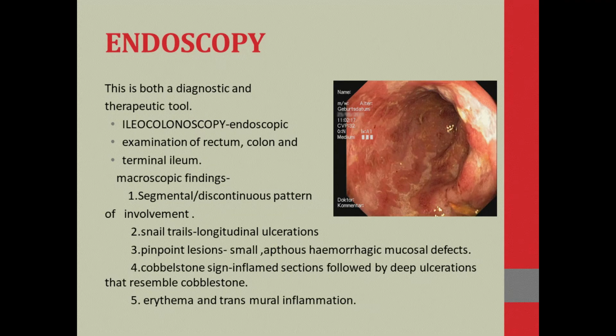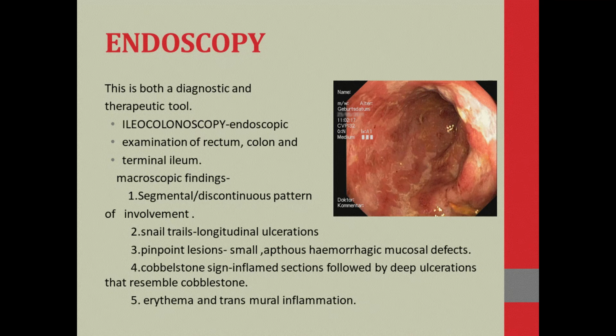The gold standard for diagnosis of Crohn's disease is endoscopy. This is both a diagnostic as well as a therapeutic tool. We do an ileocolonoscopy, which is an endoscopic technique of examining the rectum, colon, and the terminal ileum.